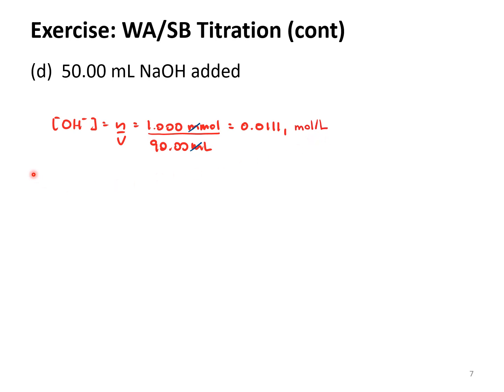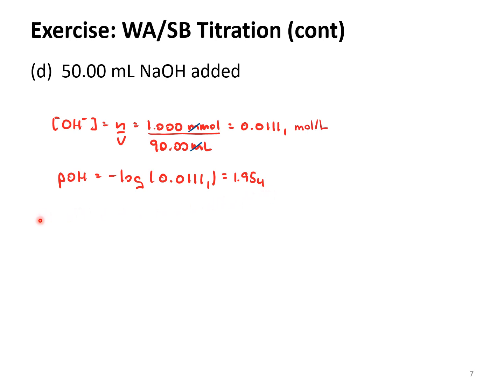Now that we have the concentration of hydroxide, we can calculate the pOH. And the pOH is the negative log of the hydroxide concentration, which in this case is 0.0111 moles per liter, which gives us a pOH of 1.954.